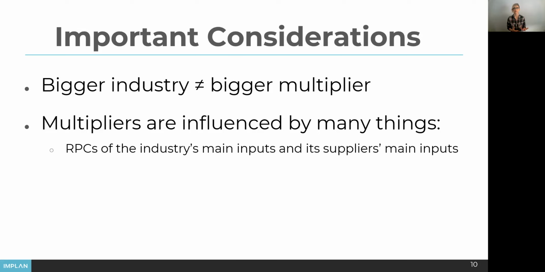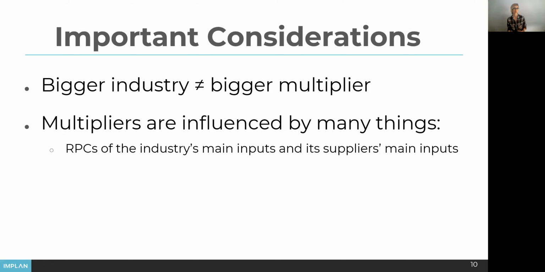Sometimes an RPC could be 0 for things that just are not produced in the region, and sometimes it can be up to 100% for maybe things like electricity and other services that are highly local.